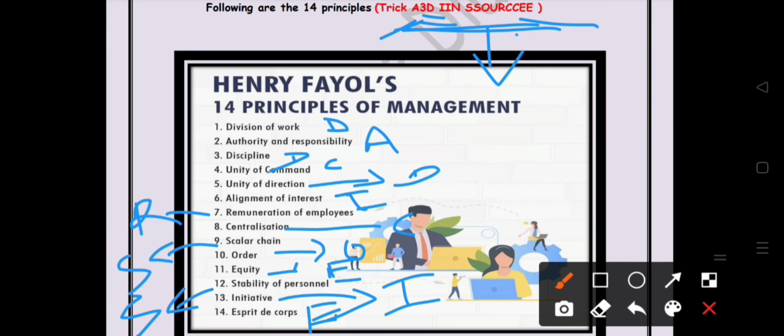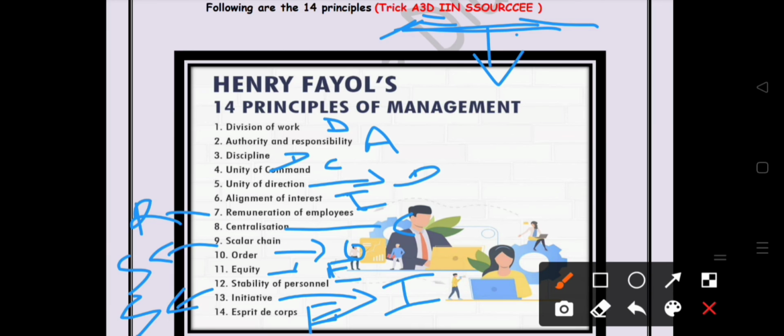Then next, alignment of interest, principle of interest. I stands for the interest. Then remuneration of employees. R stands for the remuneration. Centralization, again C came over here, so principle of centralization. Then next, scalar chain. S stands for the scalar chain.